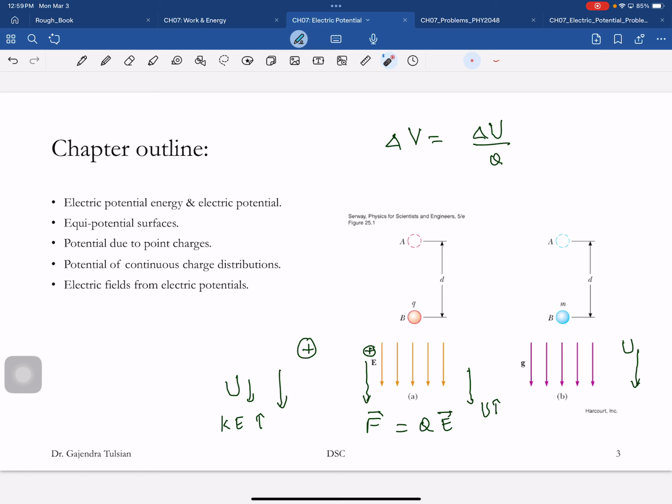If you bring the negative charge in this direction, the potential energy has increased. This is positive, but divided by a negative charge gives you a decrease in electric potential. So this quantity is charge independent. This is charge dependent. This is charge independent.